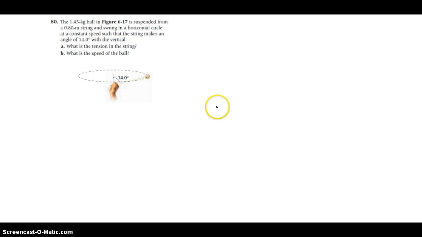Now this problem number 80 kind of combines what we were learning last chapter with forces at an angle. We have a 1.45 kilogram ball being swung around with a string with a radius of 0.80 meters. The string is acting at an angle of 14 degrees with the vertical.